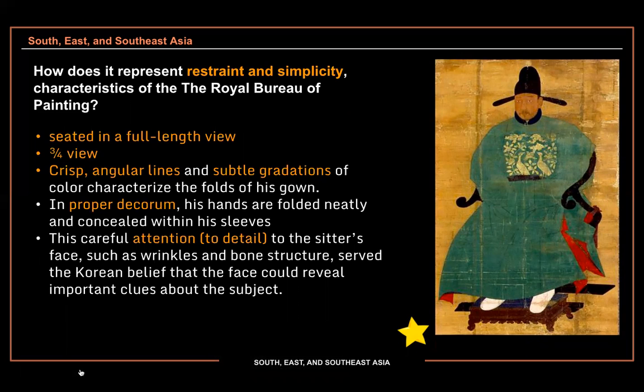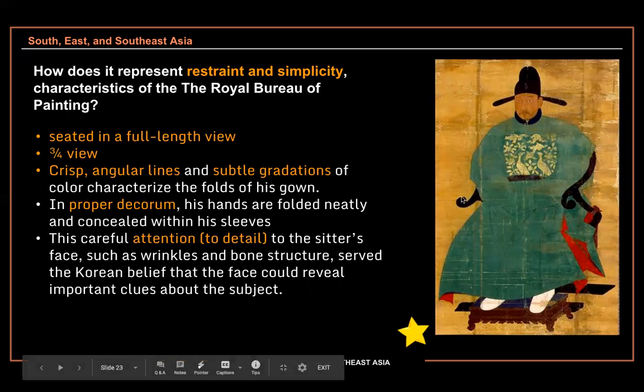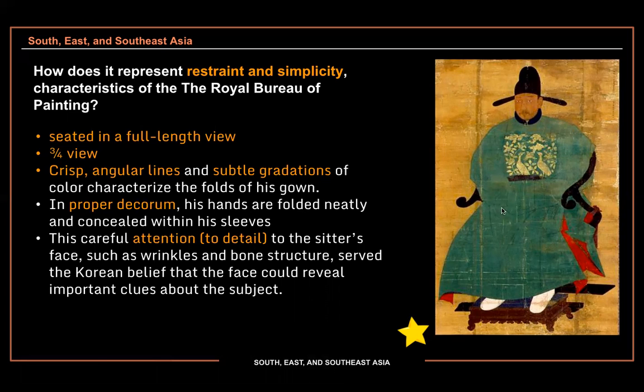He's in a very general three-quarter view. That would have been common, that portraits had to be portrayed at this angle and full body rather than just their head. We see crisp angular lines, so there are contour lines with very minimal shading. You can see his fabric and his arms are just little contour lines here. We don't really see any shading to make him look 3D.